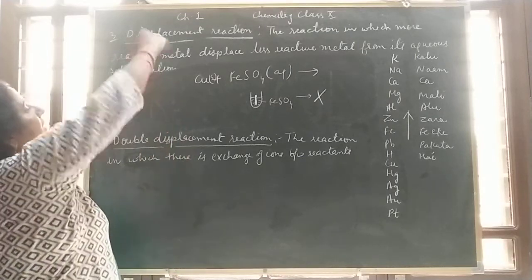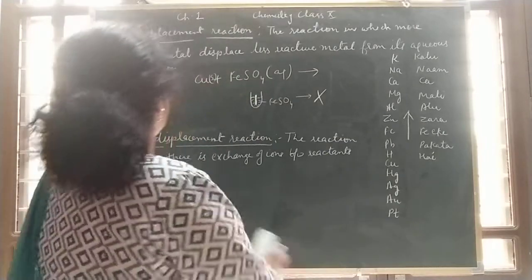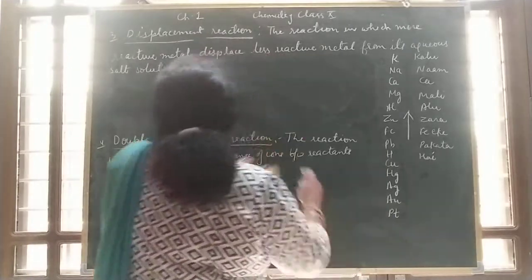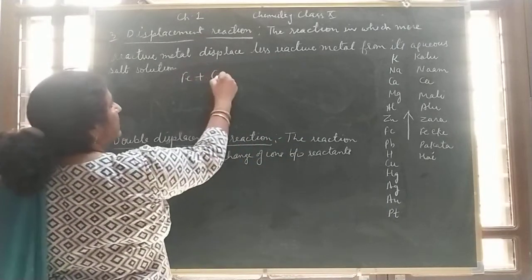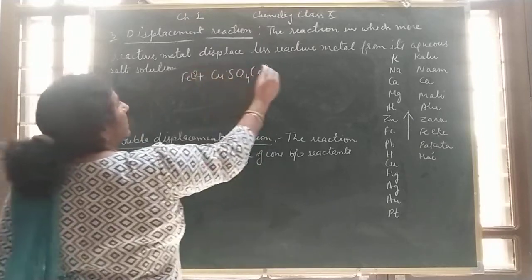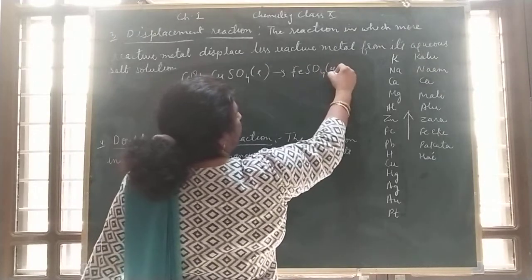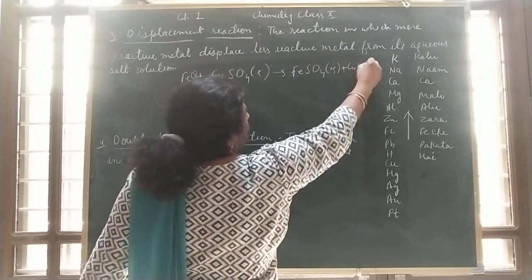Look here. In this case, I wrote Fe plus CuSO4 gives FeSO4 plus Cu.